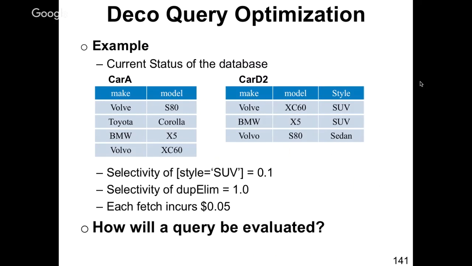Here is one example. Suppose this is the current status of the existing databases. We have 4 cars, with the make and the model information. And we only have 3 cars having the information of the styles. And next, I will give you an introduction of how DECO can answer this query in a crowdsourcing schema.